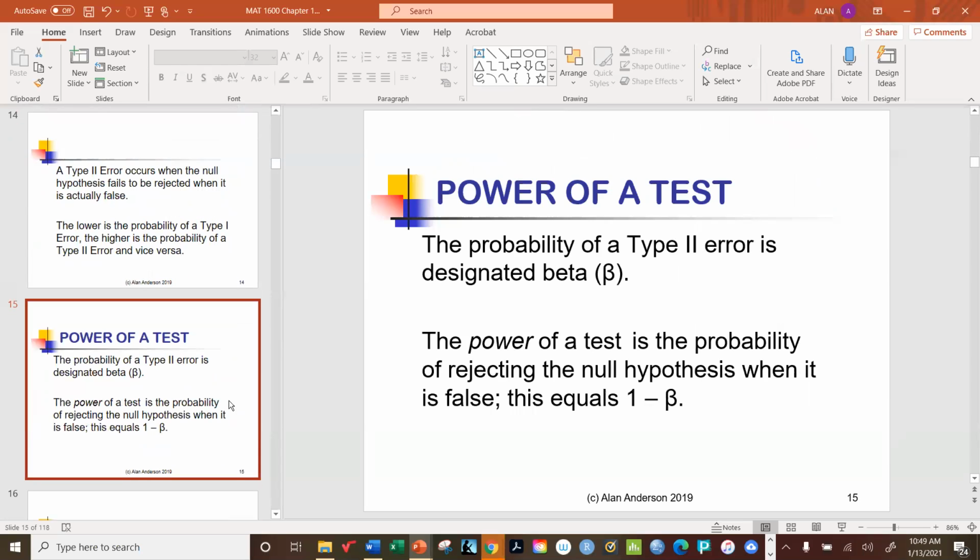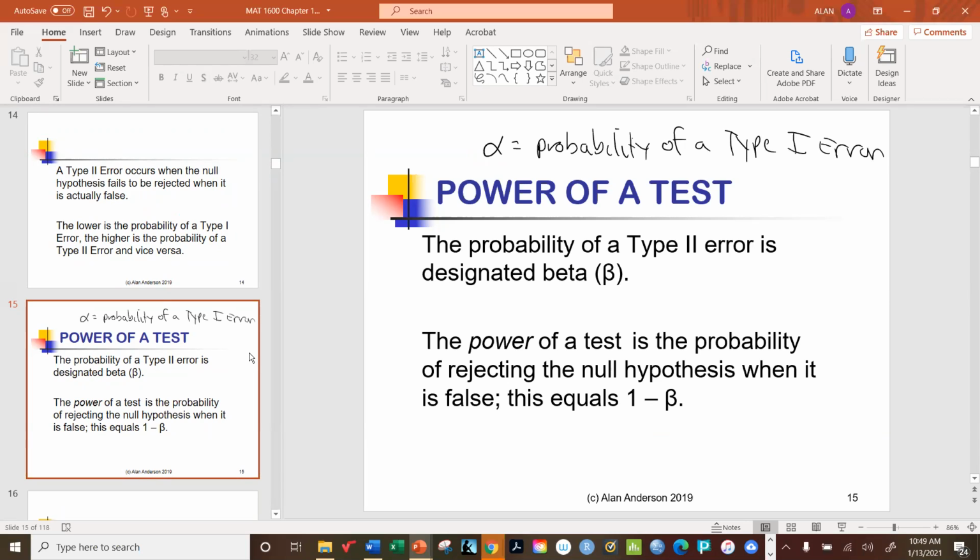Oh, by the way, remember, alpha is the probability of a type 1 error. We also designate the probability of a type 2 error with the Greek letter beta.